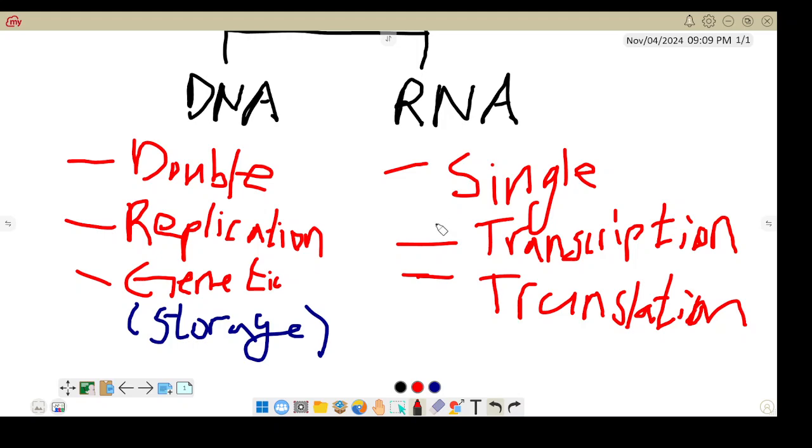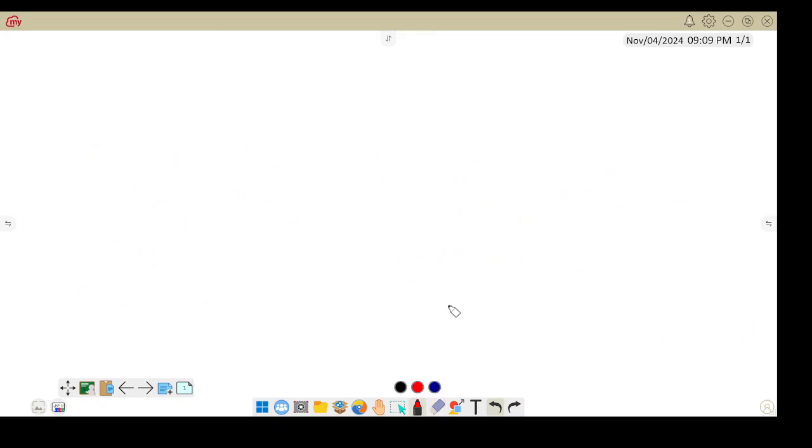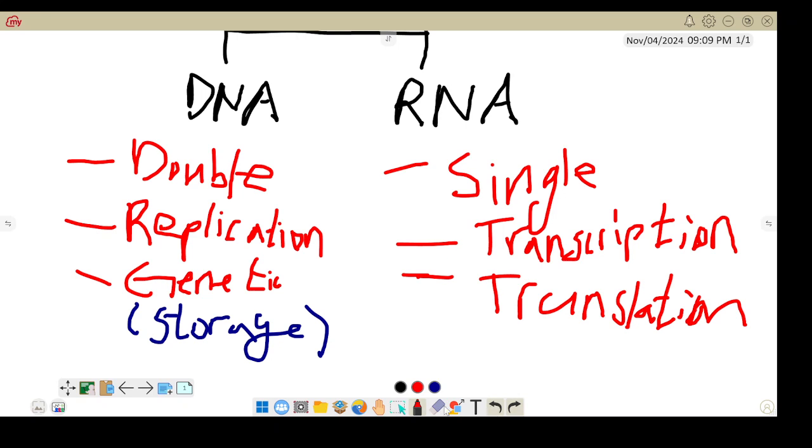Okay, and then now from there we can go to complete our diagram. Okay, so we're now going to talk about components.